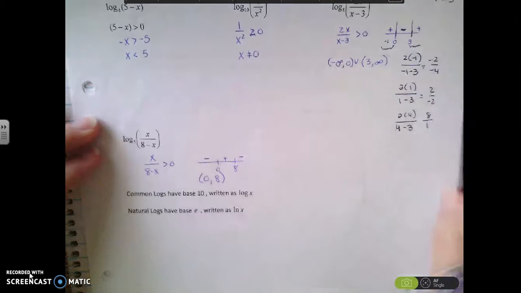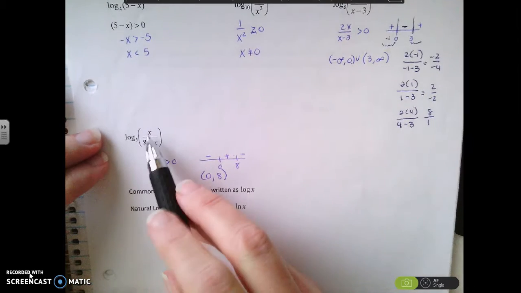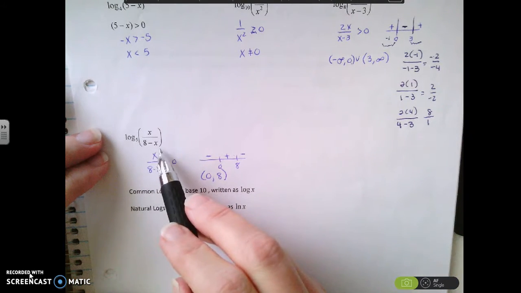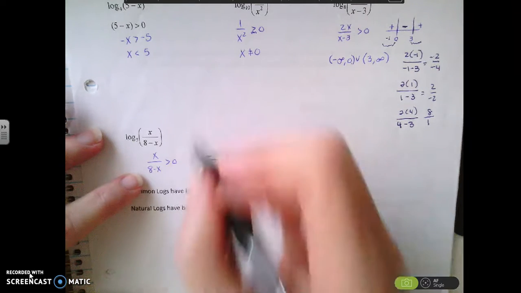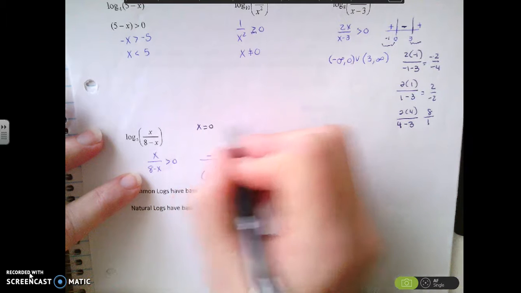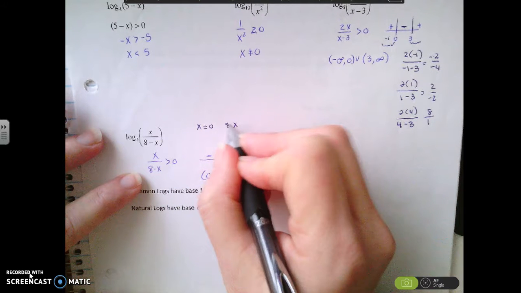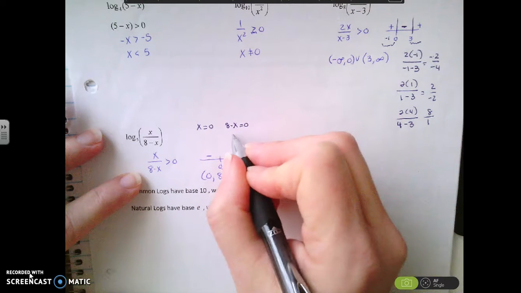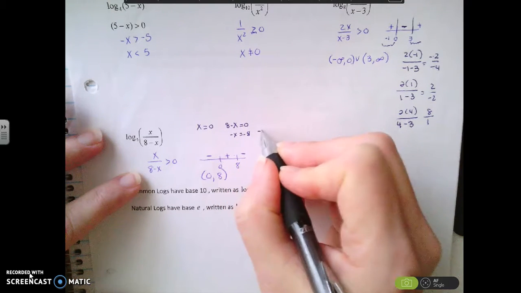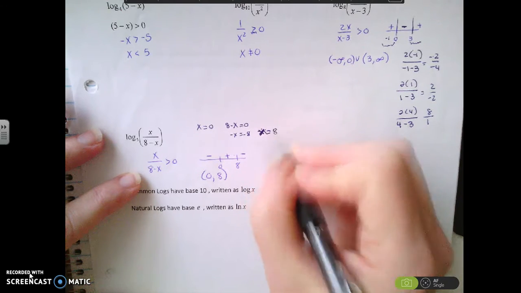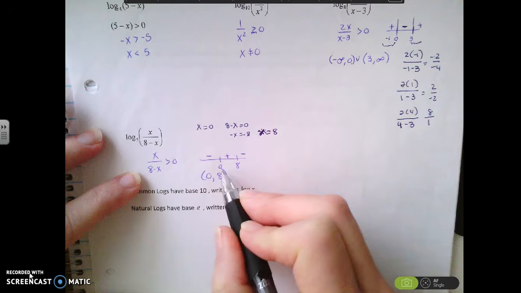Okay, here's another one. So we have log base 5 of x over 8 minus x. So again, I want this to be greater than 0. So my breakpoints are going to be x equals 0 and 8 minus x equals 0. So negative x is negative 8, so positive x is equal to 8. So 8 and 0 are my breakpoints.